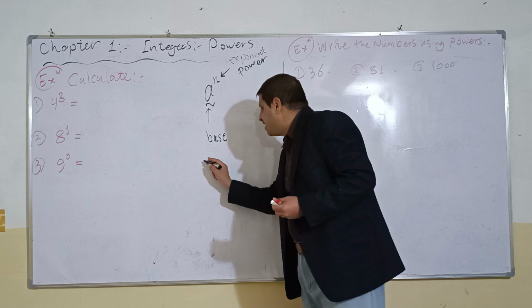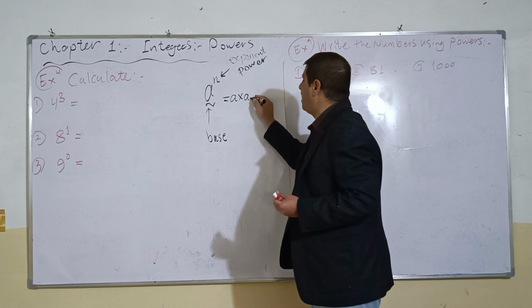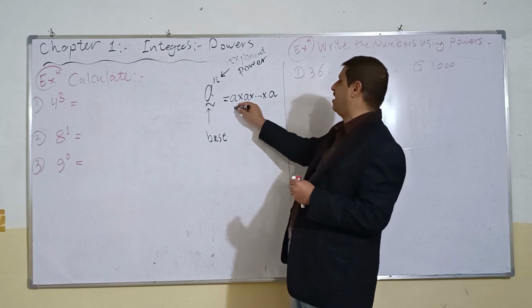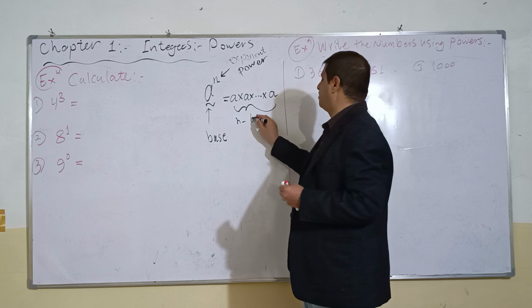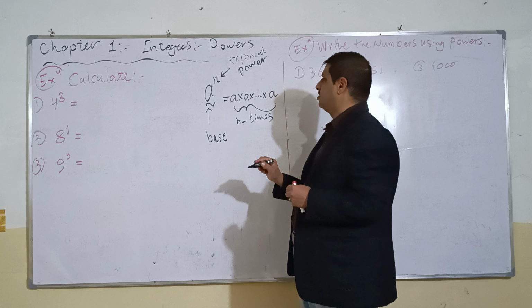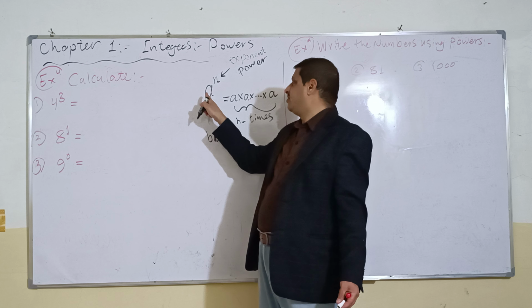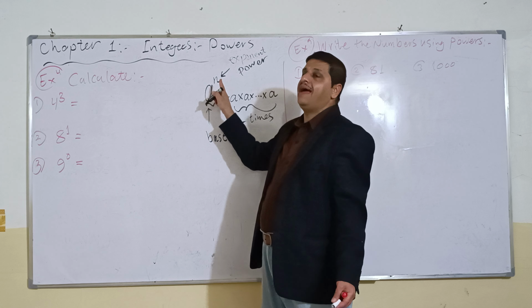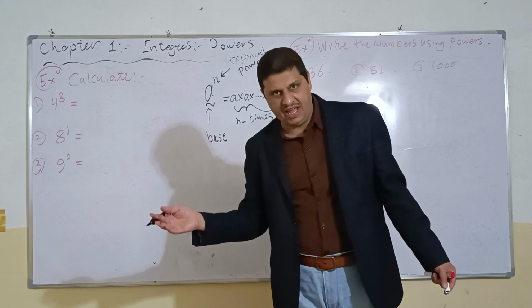That means a to the power n equals a times a times, continuing until n times. This a is called the base and n is the exponent. بالعربي exponent or power, القوة.